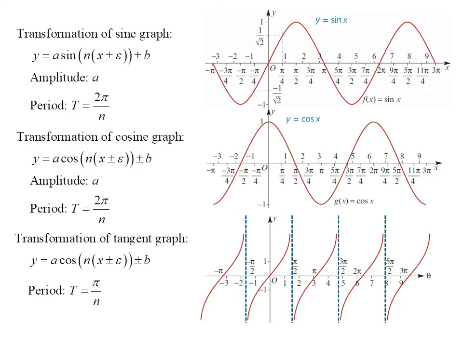As can be seen, the lines x equals negative pi over 2, pi over 2, 3 pi over 2, and 5 pi over 2 are asymptotes. The graph repeats itself every pi units, so the period of the tangent function is pi. The range of the tangent function is the real numbers, R.